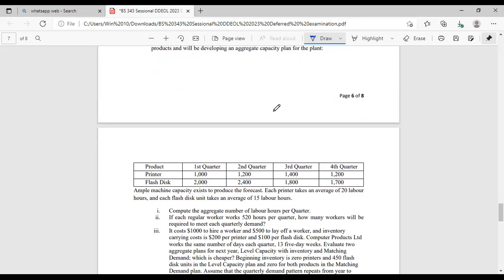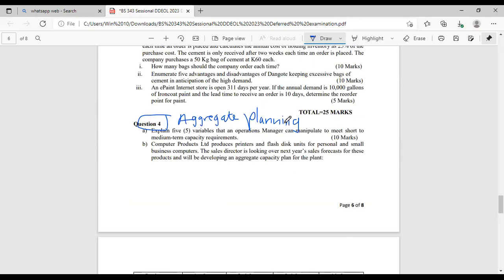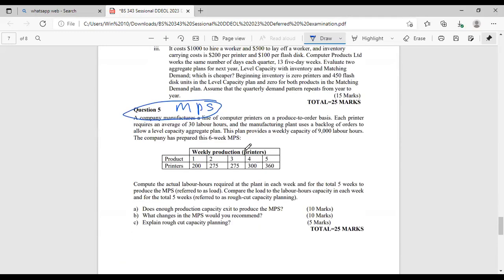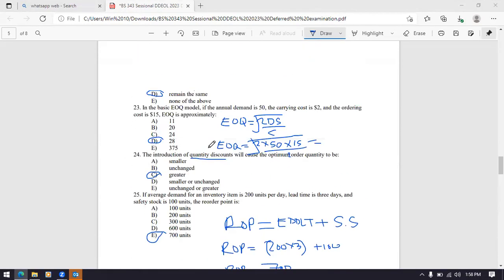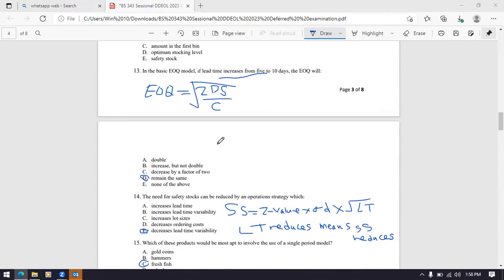All right. So we'll go for the master production schedule. The main part on this one is what we have looked at concerning the first part, where the majority of the questions came on inventory.